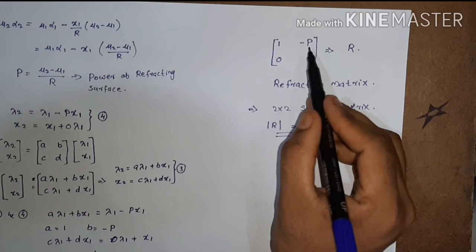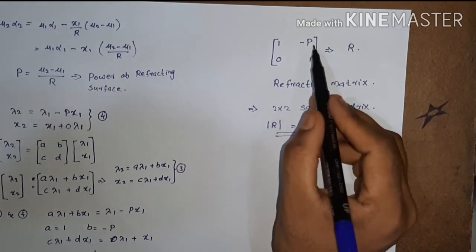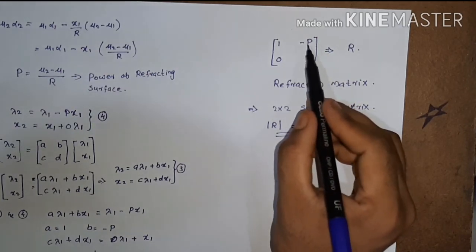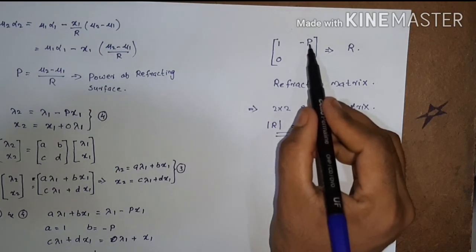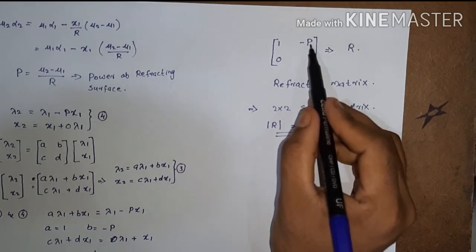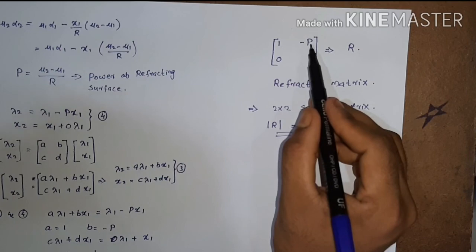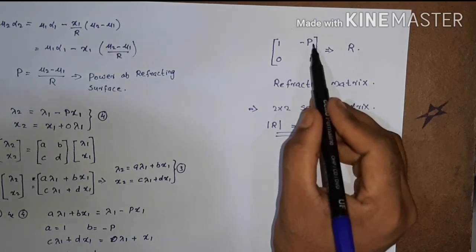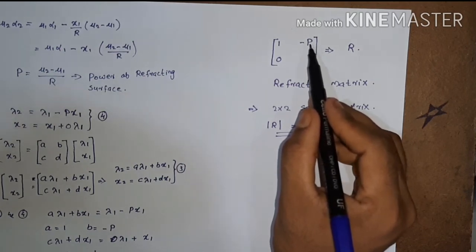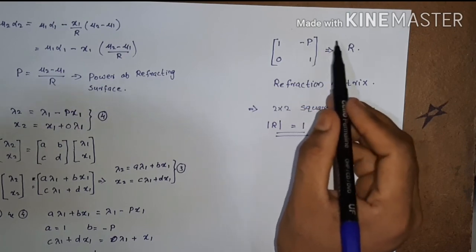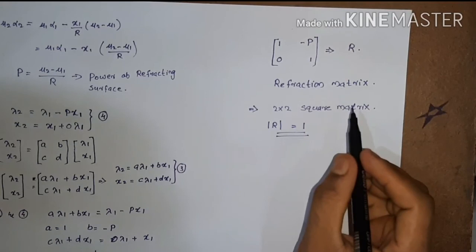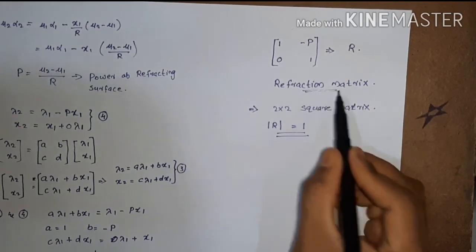Here I am dealing with only one refracting surface, so I am representing it as P itself. If we have more than one refracting surface, we can deal with each refraction matrix with respect to the power of the respective refracting surfaces as P1 and P2. So we have obtained the refraction matrix.